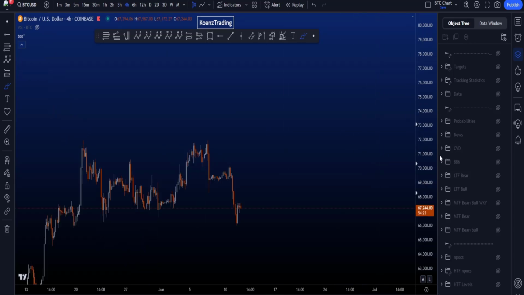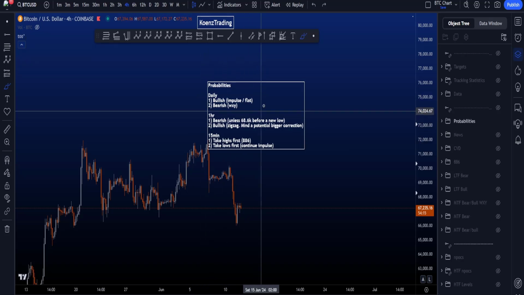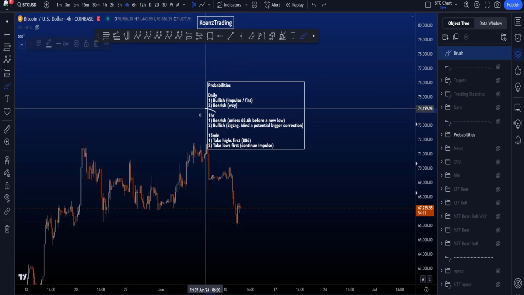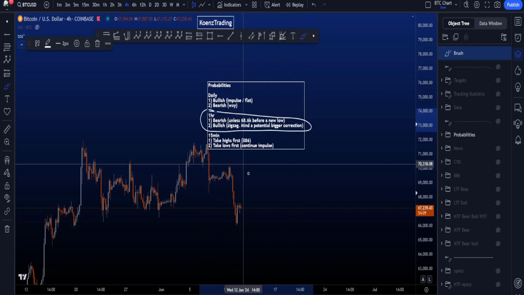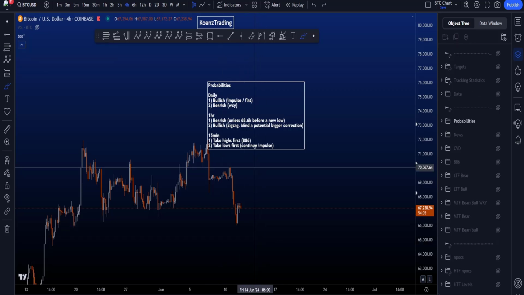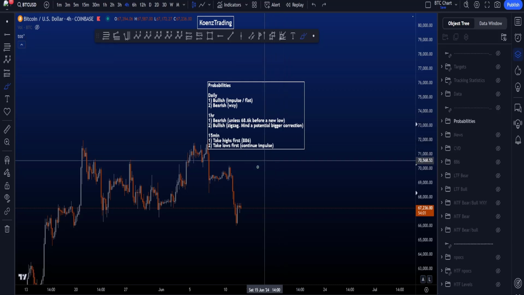And if we then look at the probabilities of the different scenarios, then on the daily time frame, the probabilities are higher for the bullish scenarios, either an impulse or a flat, with the bearish WXY on the number 2 spot. On the 1 hour time frame, the probabilities are higher to continue to the downside and look for the lows unless 68.6k is hit. That will change the probabilities.